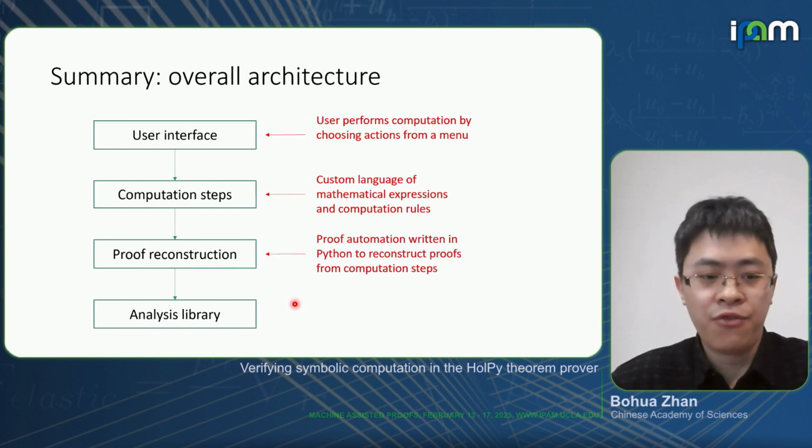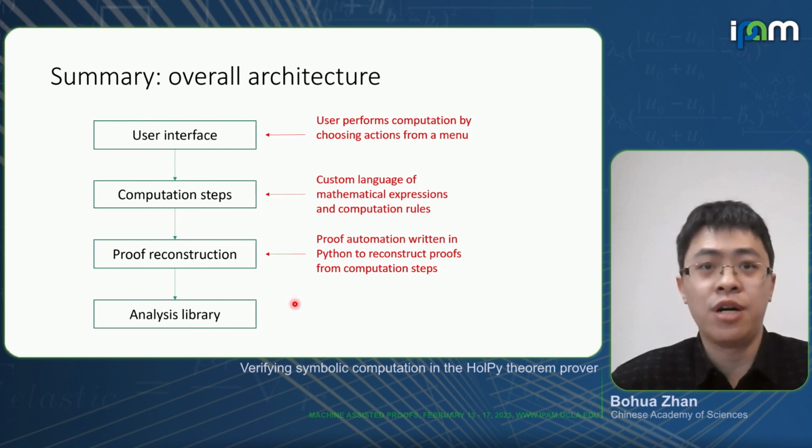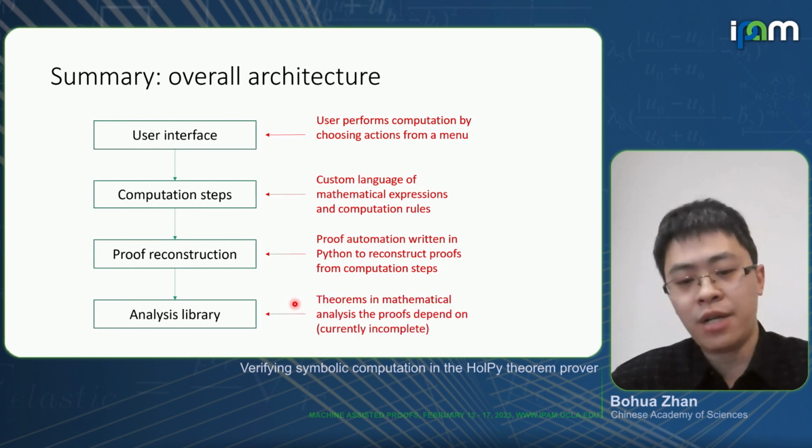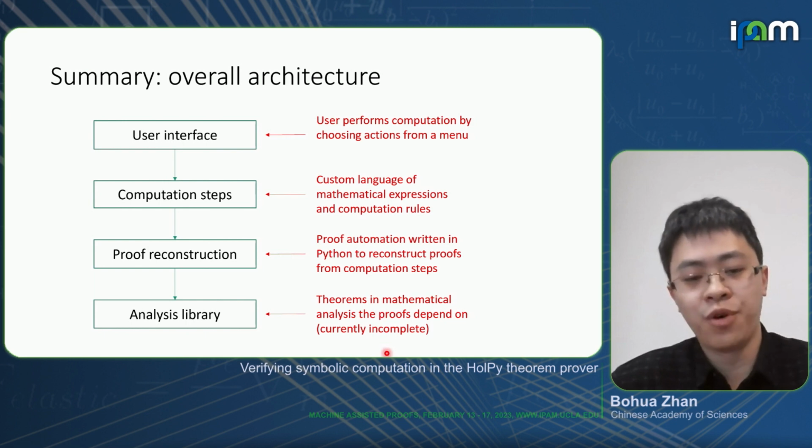Below this level, from the sequence of computation steps, we have automatic procedures written in Python for constructing proofs, and this would yield a proof in higher order logic. This proof would depend on an analysis library, which consists of theorems in mathematical analysis. And as I said before, the completion of this library is still work in progress.